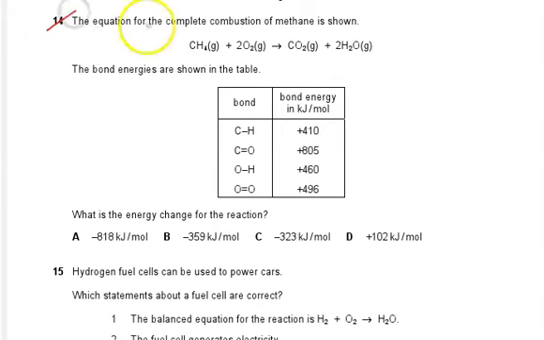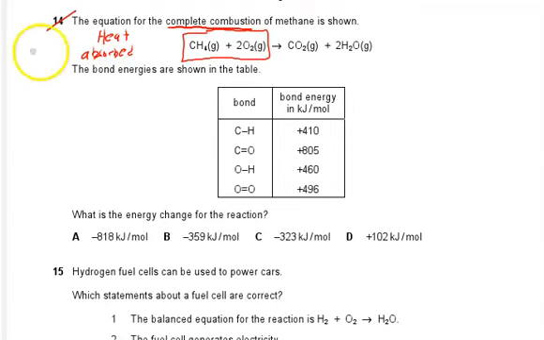Number 14, the equation for the complete combustion of methane is shown. The bond energy are shown in the table. What is the energy change for the reaction? So we have to understand here, heat is being absorbed at this side, the reactant side, which means this one here will be endothermic.